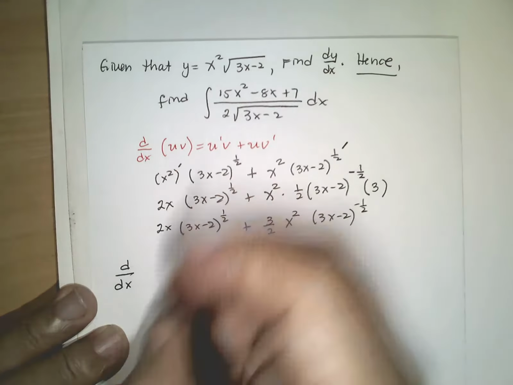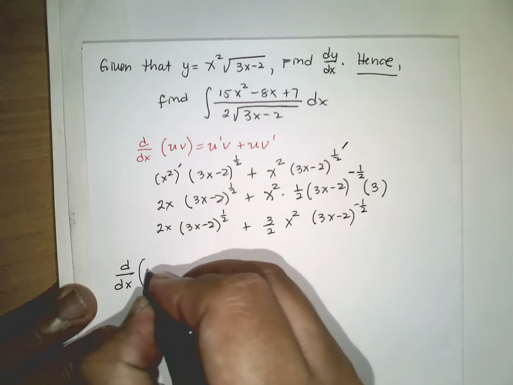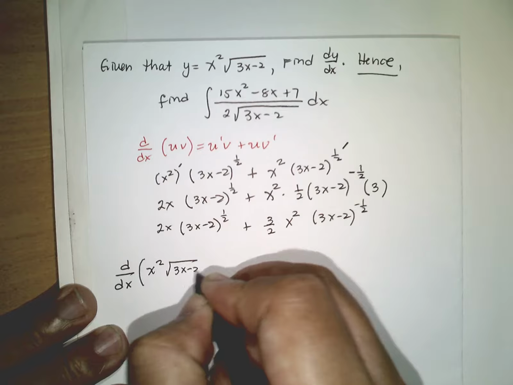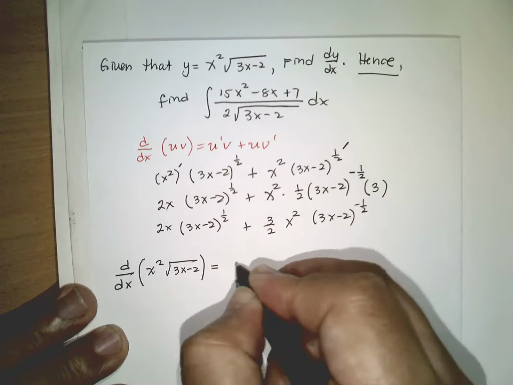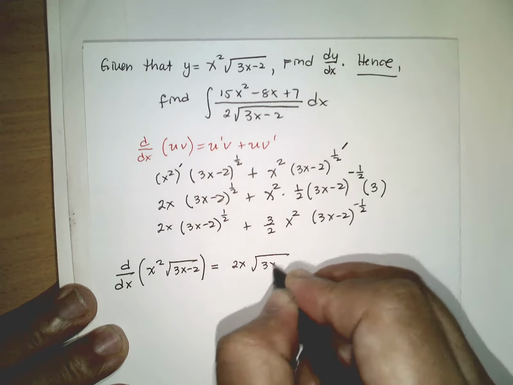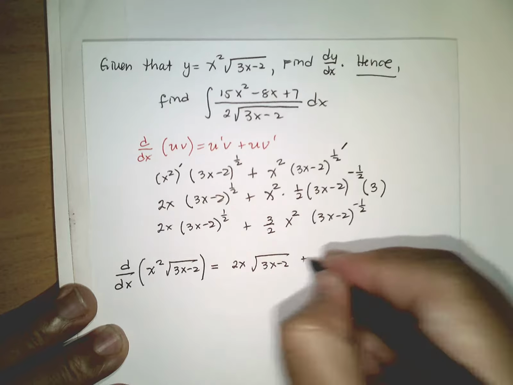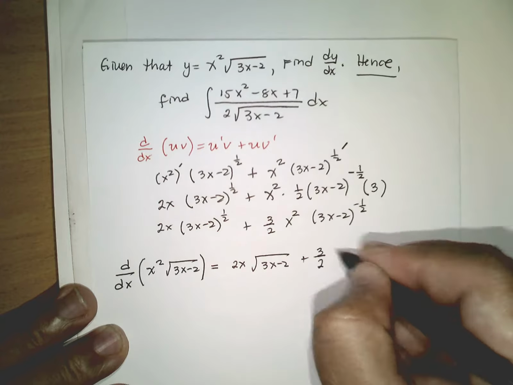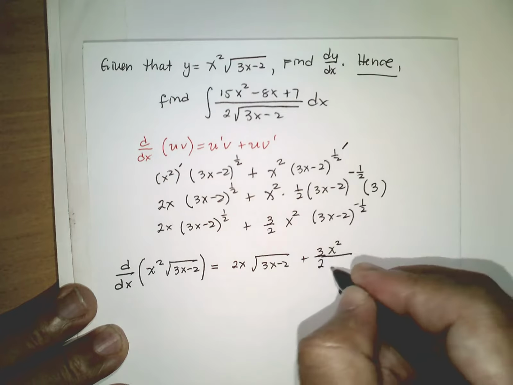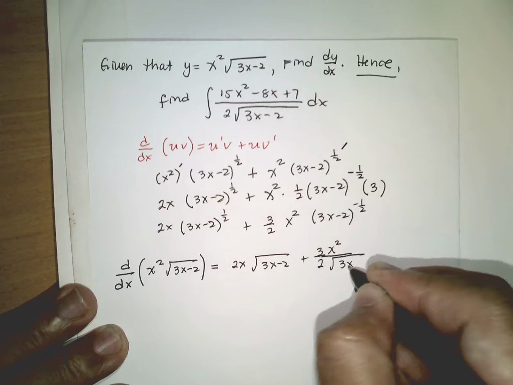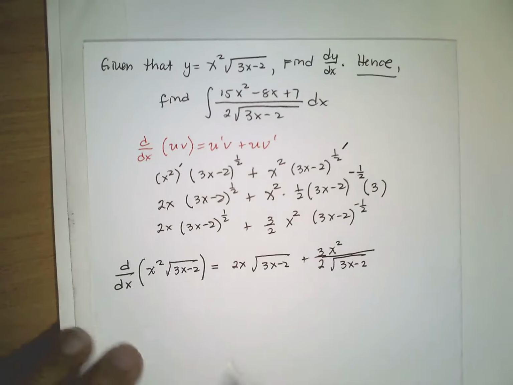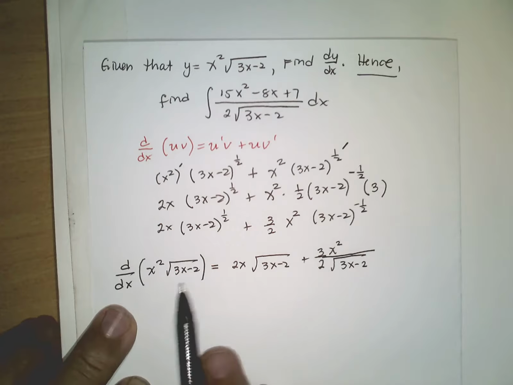I just want to write the question again, and I'll put it in this way, so you would be able to see the relationship. Okay, it is equal to 2x over the square root of 3x − 2, plus 3/2 x squared is on top, okay? Then this one is at the bottom, so that is 3x − 2, okay? That's it. So the derivative of this function is this.